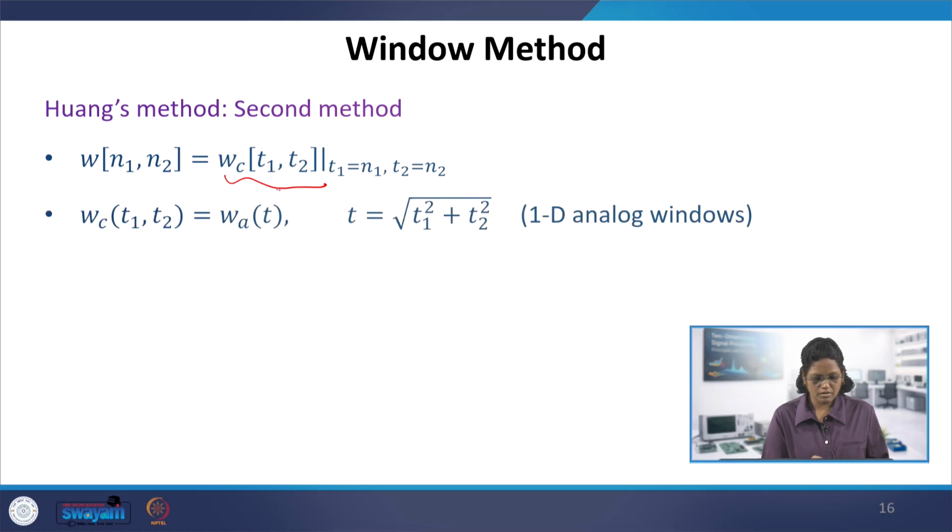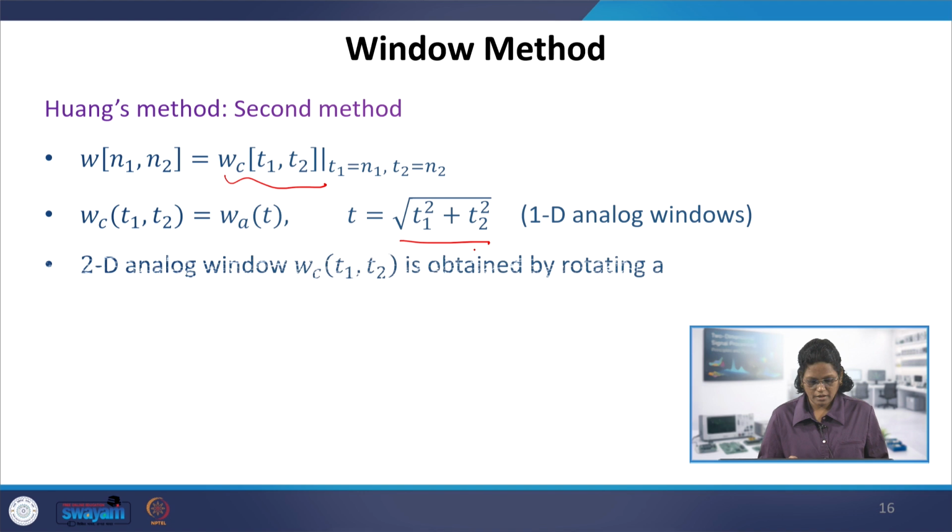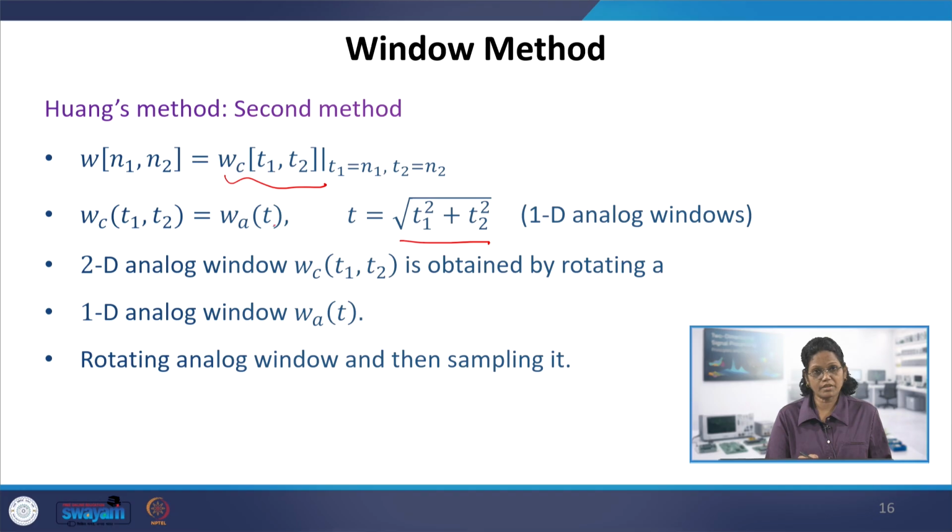This 2D window is obtained from WA of t, where t is the square root of t1 square plus t2 square. That means wc of t1 comma t2 is obtained by rotating this 1D window WA of t and then sampling it. So in WA of t, replace t with the square root of t1 square plus t2 square.